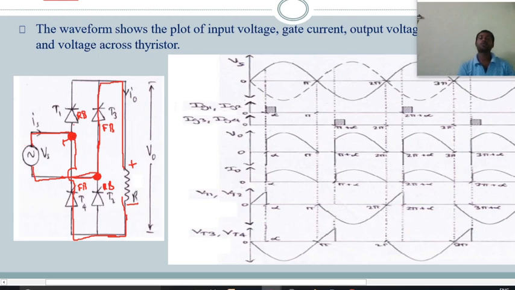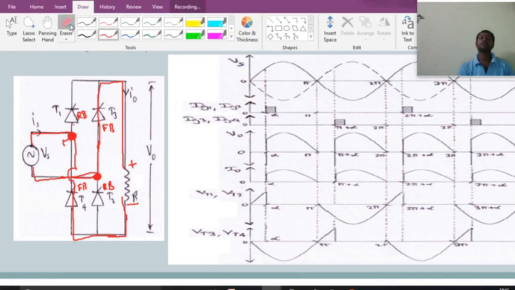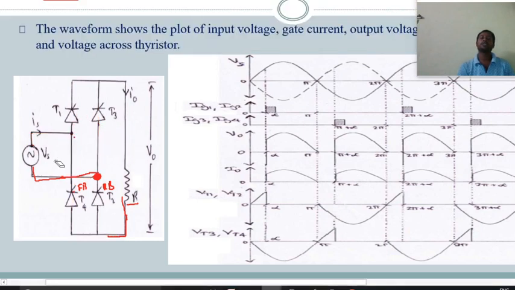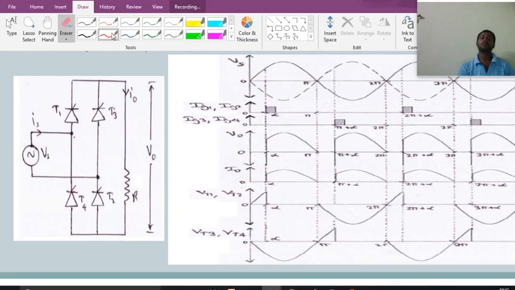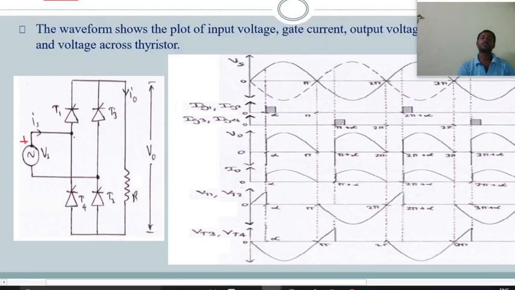So here, if you observe carefully, the conclusion is, whether the input is positive or negative, for the positive half cycle the current enters this resistor, and after changing the terminals, for the negative half cycle the current also enters the same resistor.